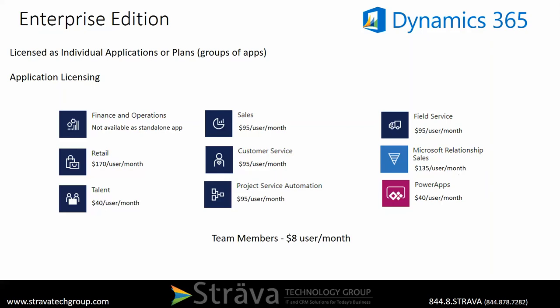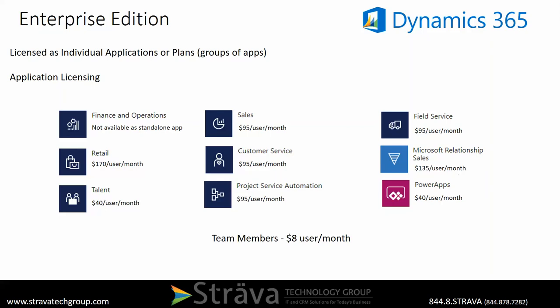Microsoft Relationship Sales is an application, again, that just came to market recently, and it is Microsoft's integration with the LinkedIn Sales Navigator offering. So it brings LinkedIn perspective into Dynamics 365. When you're looking at a contact or an account in Dynamics 365, you've got all the rich LinkedIn information being exposed right inside of Dynamics 365 as well.